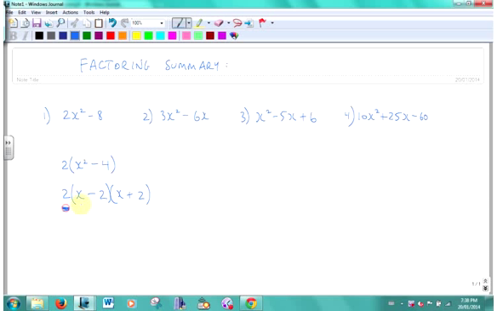This is one of the factors, 2. This is another factor, x minus 2. And this is the third factor, x plus 2. Of course, what you want to do is check this. Okay? If I FOIL this, I get x squared plus 2x minus 2x minus 4, times all of this times 2. So what's that? Well, 2x take away 2x.